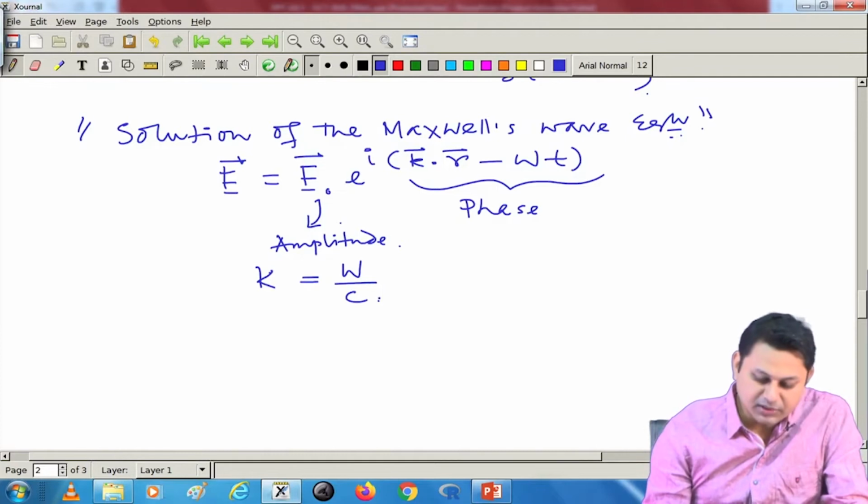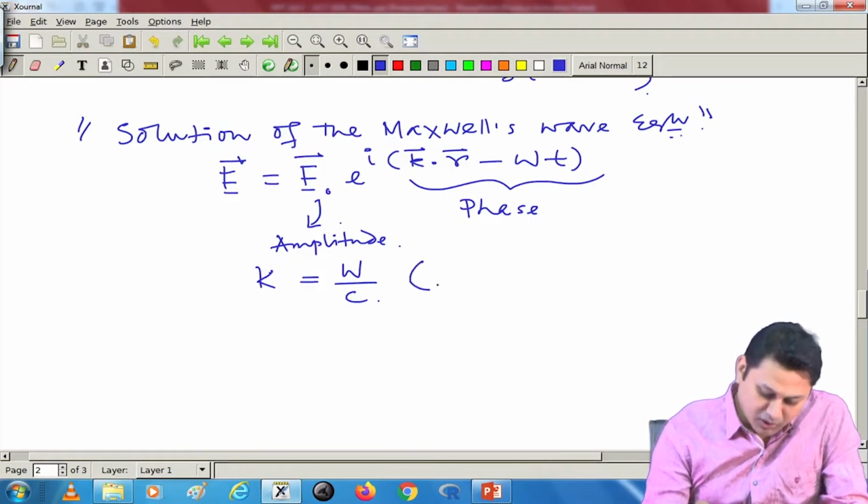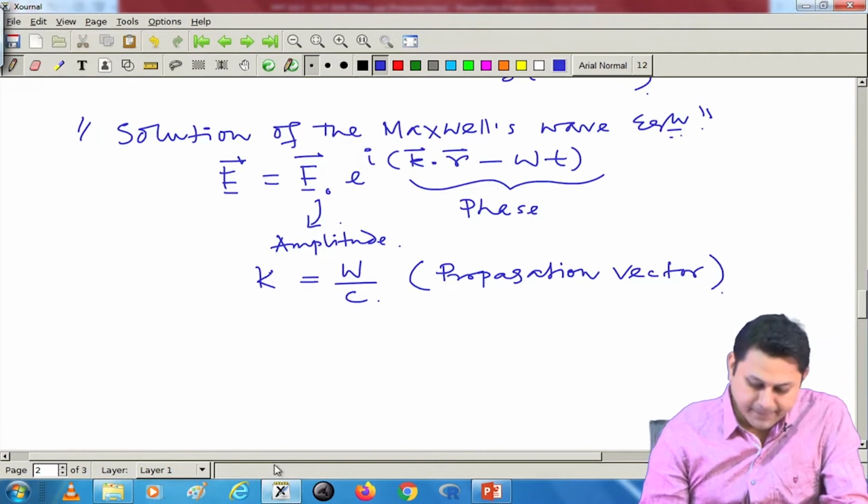That is the condition we will finally find in order to have this as a solution, and this k is called the propagation constant or the propagation vector.